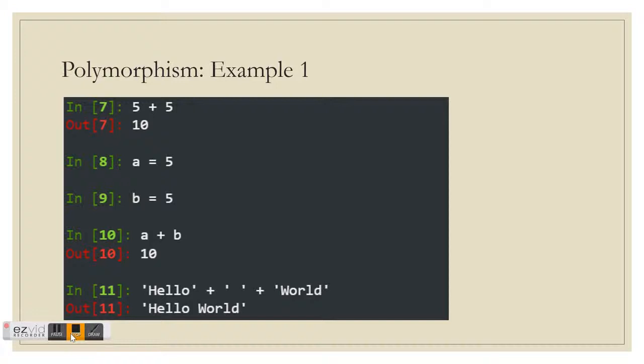So different types are using the same function, the same interface. So here I am achieving polymorphism in Python in general.